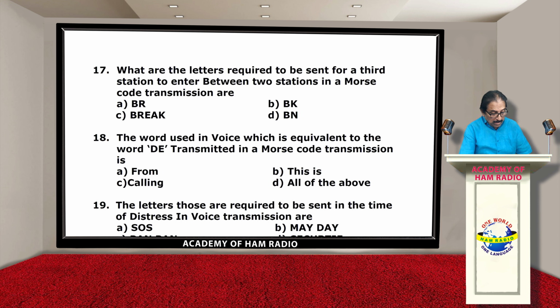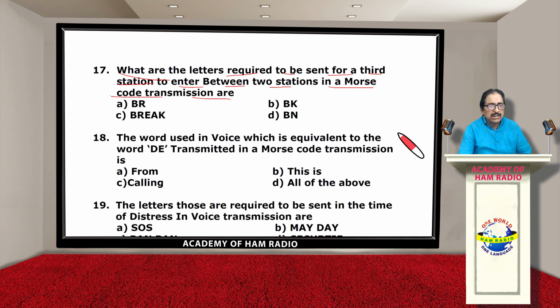What are the letters required to be sent for a third station to enter between two stations in Morse code transmission? When two stations are having communication, if you want to join in between, there is a procedure to be followed.